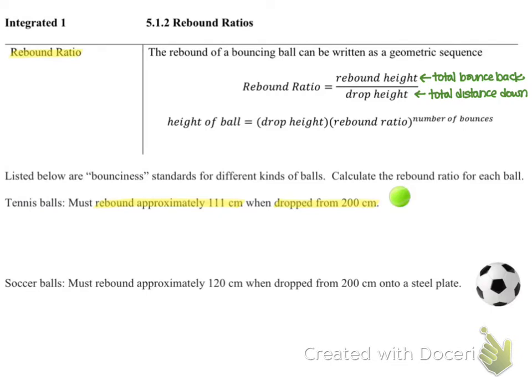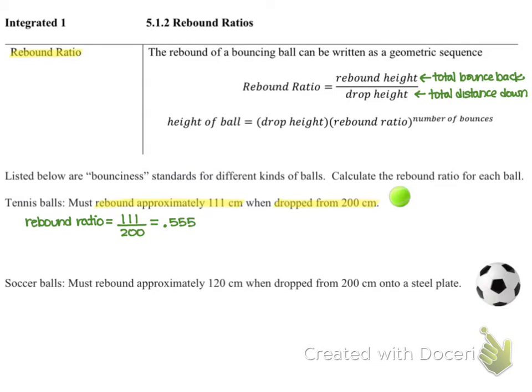Okay, so let's write this out. Our rebound ratio: we're always going to state the total amount from the drop on the bottom. And then of that 200, it comes back 111. Let's go ahead and actually see what this is. We're going to grab our calculator and divide. That's going to give us exactly 0.555.